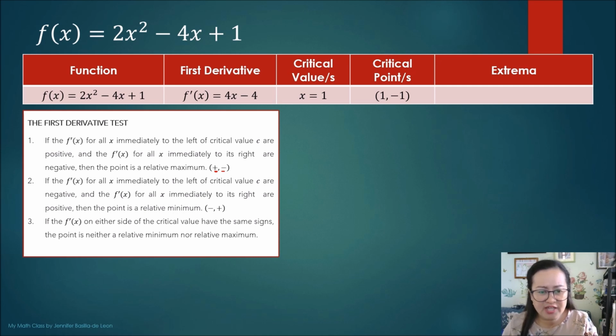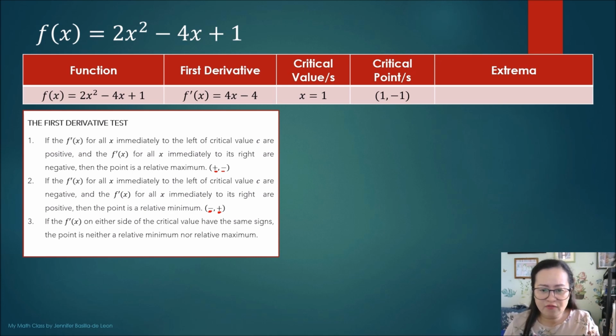The second condition is that if the f prime of x for all x immediately to the left of critical value c are negative, and the f prime of x for all x immediately to its right are positive, then the point is a relative minimum. So after evaluating, we would get a negative value using a point on the left of the critical value, and if we get a number at the right of the critical value, then the result would be a positive number.